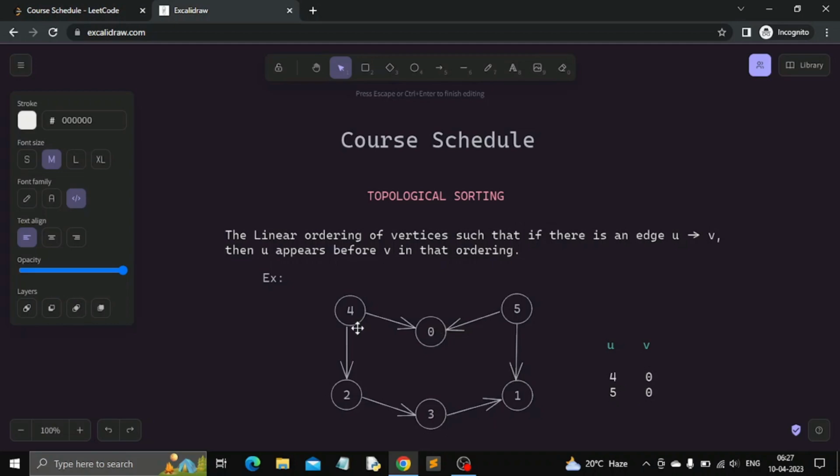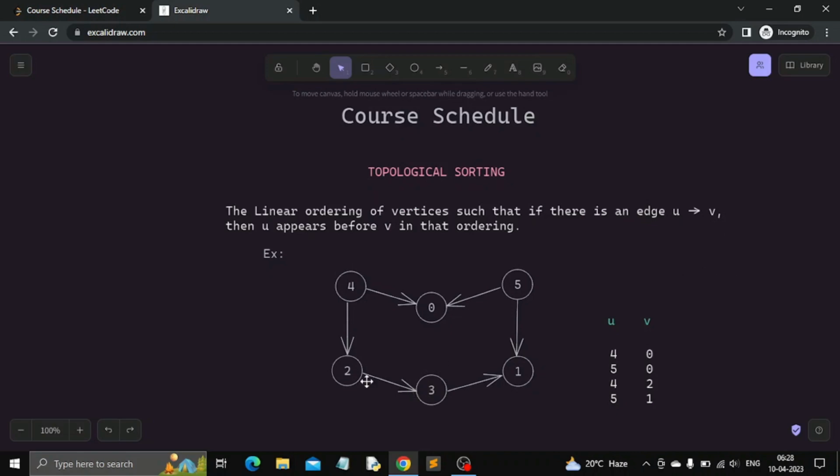We have a directed edge from node 4 towards node with value 2, so we can say that in order to reach node 2 we need to reach node 4 first. So 4 is our u and 2 is our v. Similarly here also we have a directed edge from node 5 to node 1, so 5 will be our u and 1 will be our v.